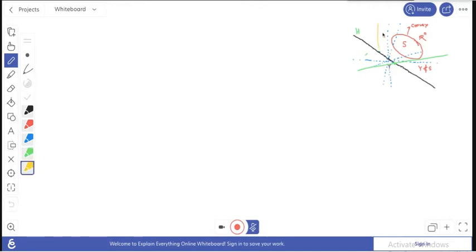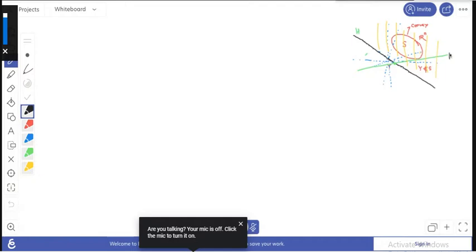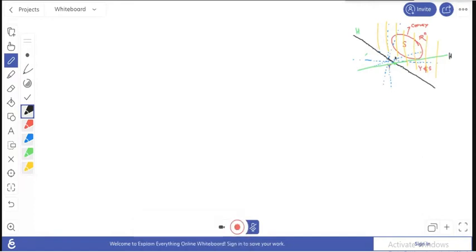So here S lies completely in one of the half spaces. Anyone who takes, suppose, this green line hyperplane, it completely divides that Rn space into two half spaces, and this convex set S is completely lying in one of the half spaces.